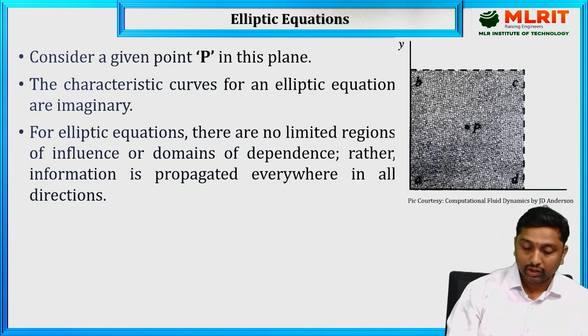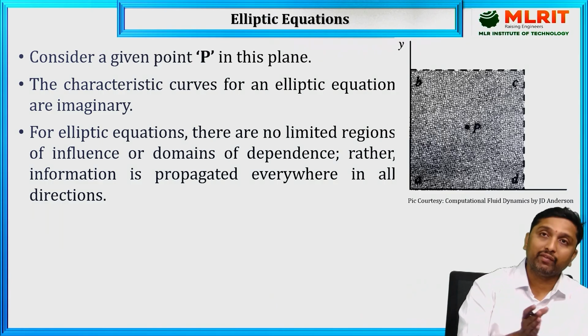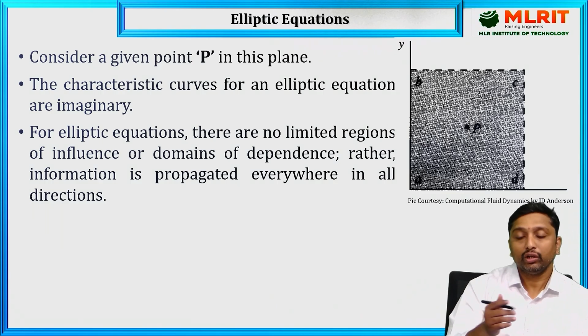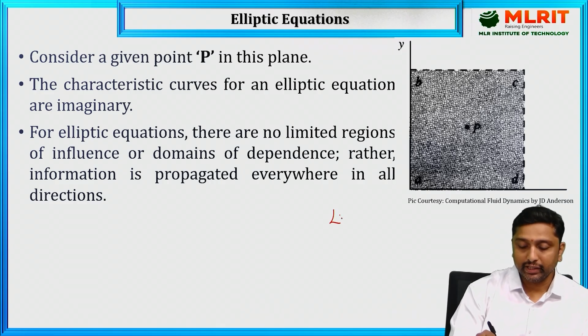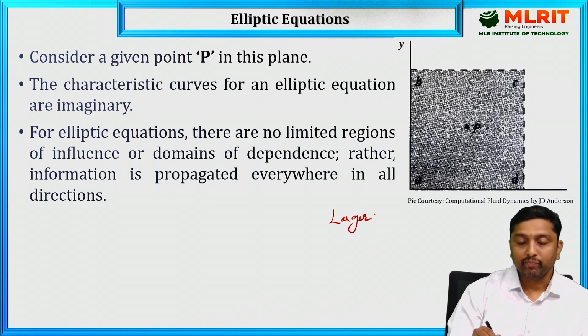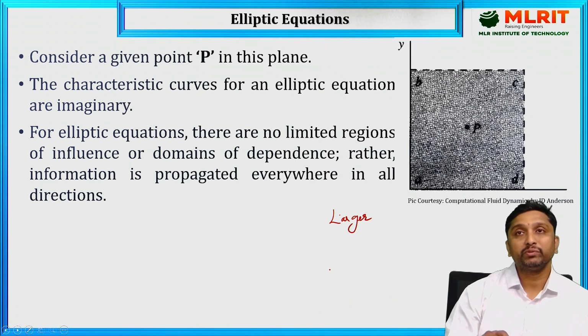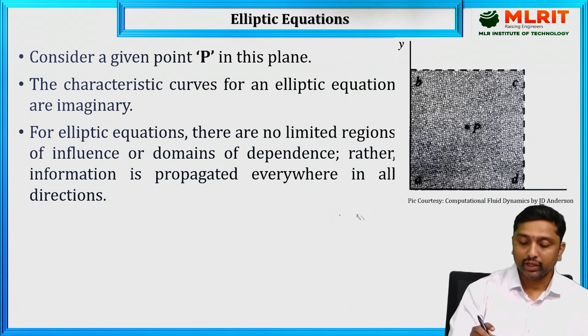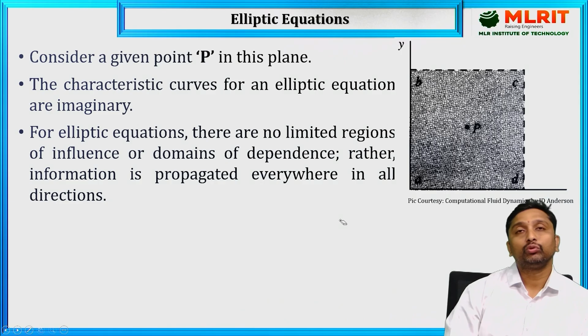Since the disturbance is traveling throughout the domain, the size of the domain should be slightly larger to accommodate these changes. To accommodate this behavior, the size of the domain should always be large when compared to the actual disturbance. So the size of the domain is very critical for these kinds of problems.